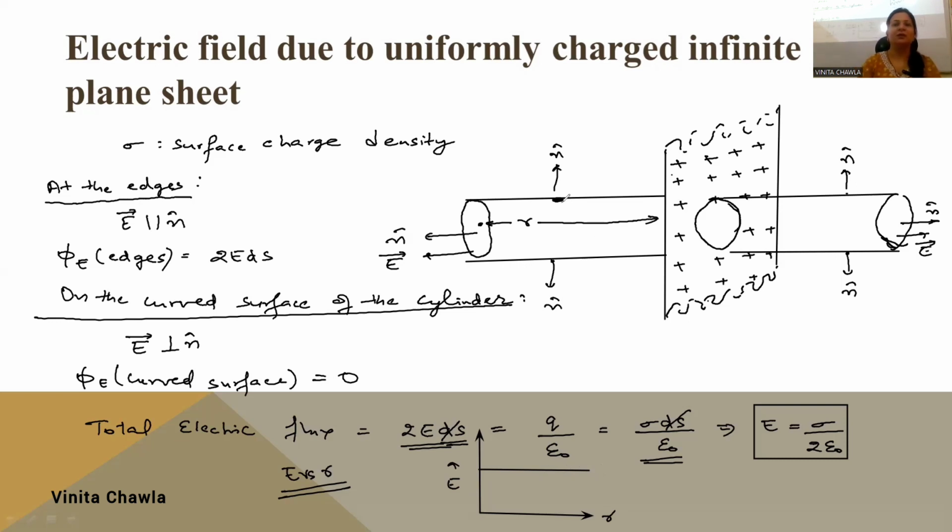Whether you make your cylinder up to here or up to here, you can choose this point P anywhere. So if we increase or decrease the distance, it will not affect the electric field intensity due to this infinite plane sheet. Electric field intensity depends on its surface charge density, not on R. Okay. Should I clear the screen?